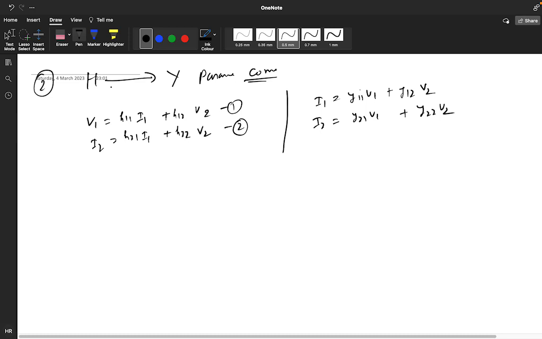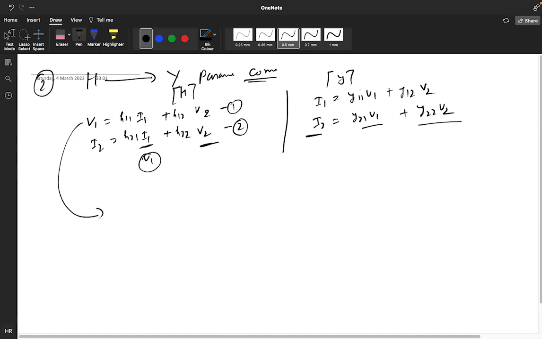So we have the H parameter, we have the Y parameter. You have the Y equations in the form of V1 and V2. Here V2 is present, but we need V1. So what you will do is find the value of I1.